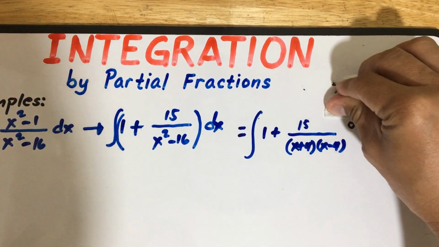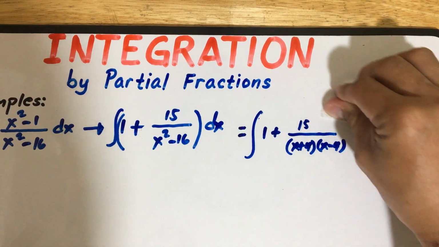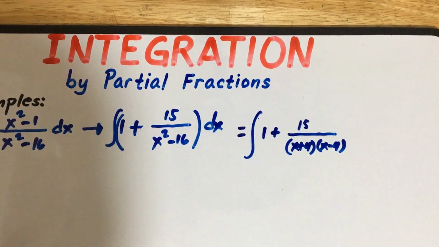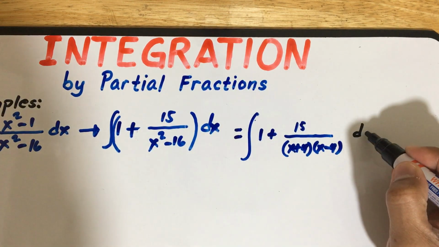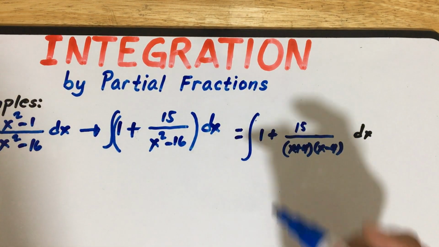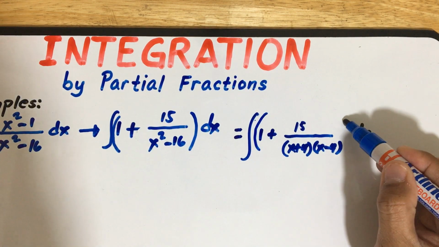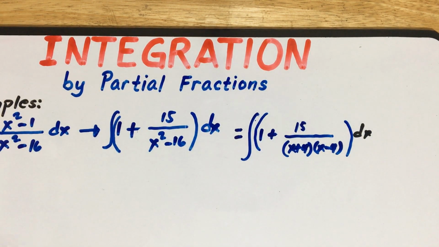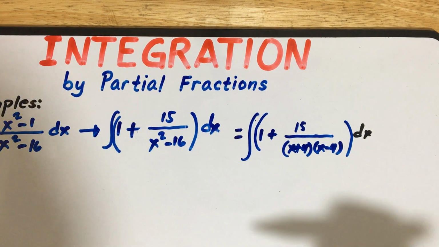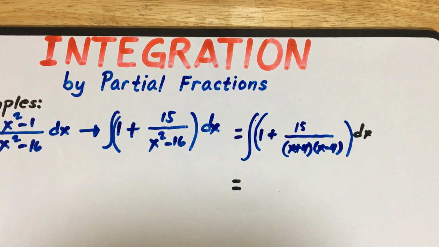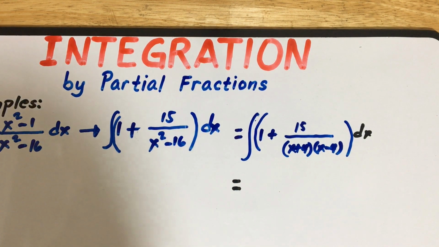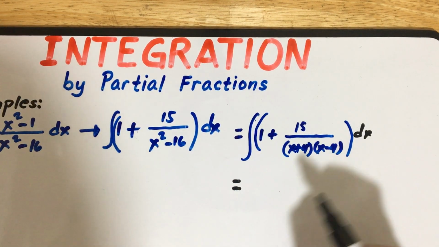I'll just erase this so that we can have space. Then times dx. Then after that, let's proceed with decomposition. We have to decompose into partial fractions for this part.